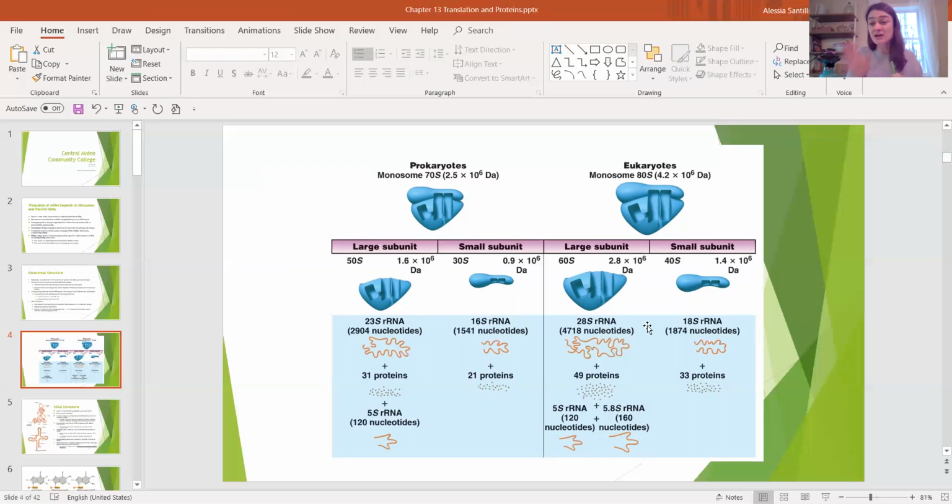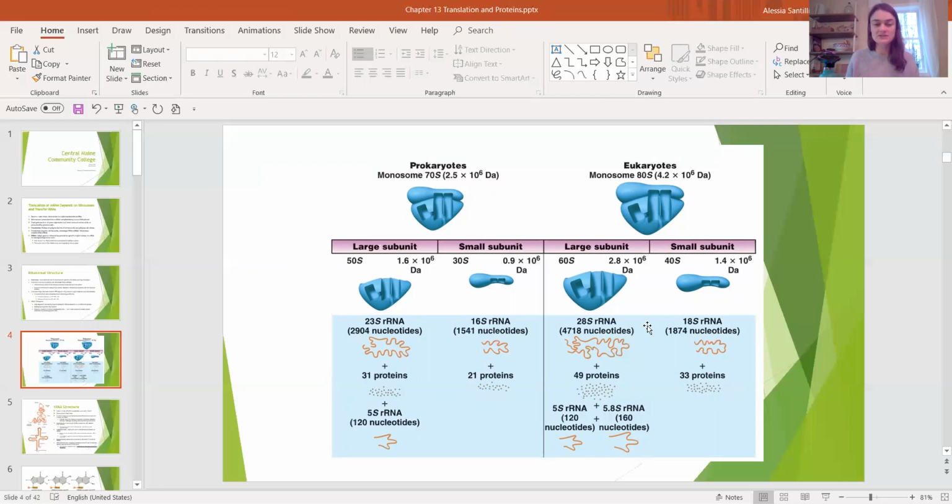In fact, their ribosome was more closely related to the eukaryotic ribosome than to the bacterial ribosome. For example, archaea actually have a 5.8S rRNA, which is mind-blowing. So their ribosome is actually more similar to our eukaryotic one than to the bacterial ones.